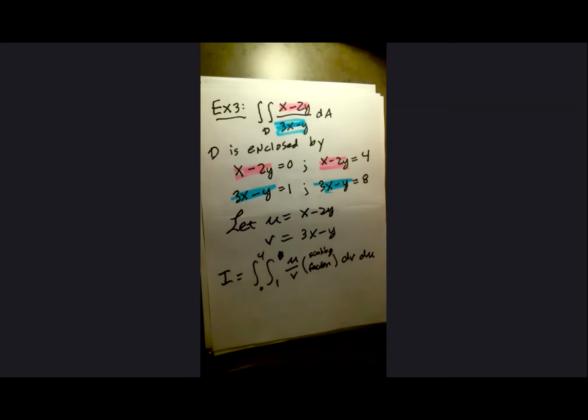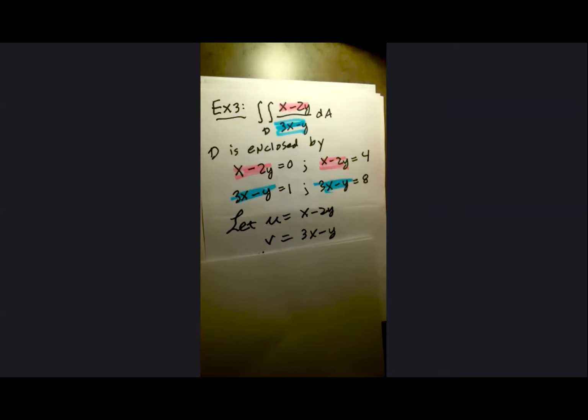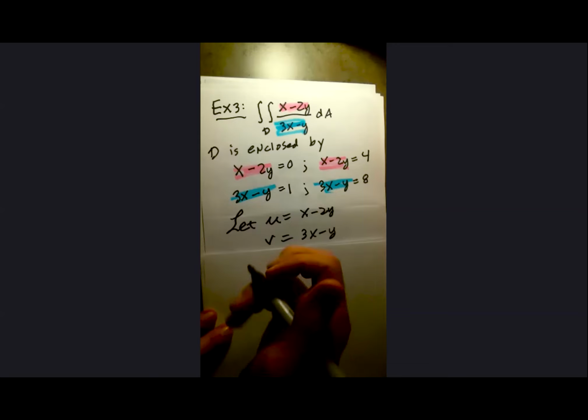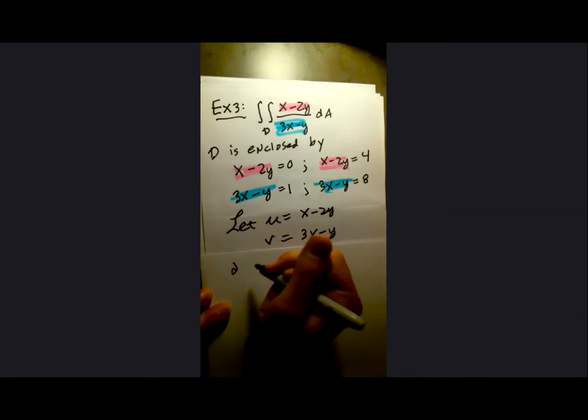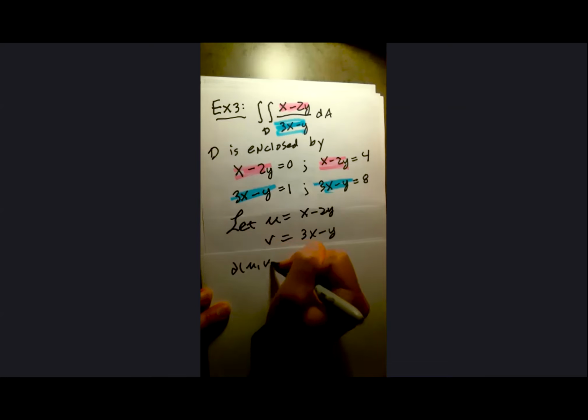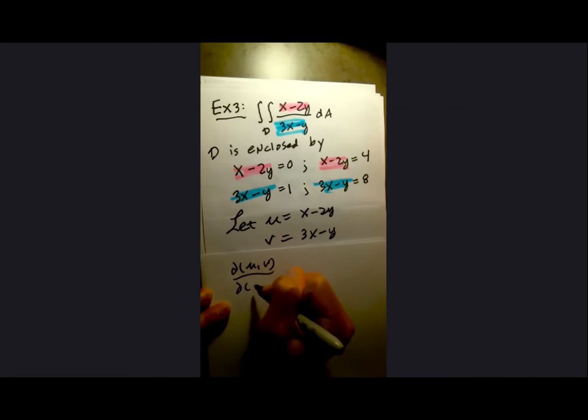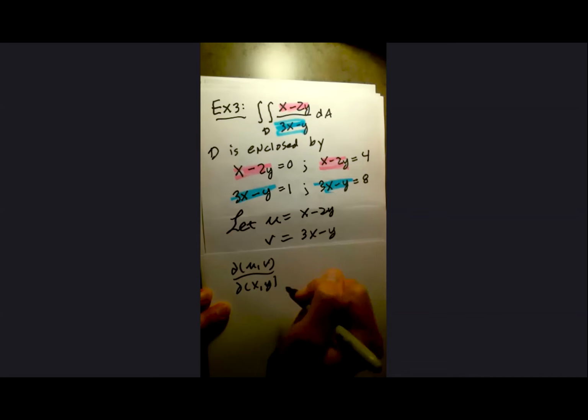If we want to find the scaling factor, we're going to need to find the Jacobian of uv with respect to xy.